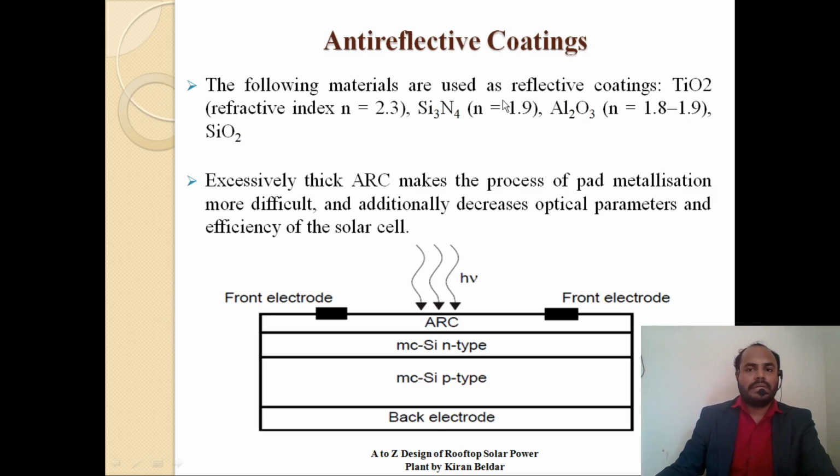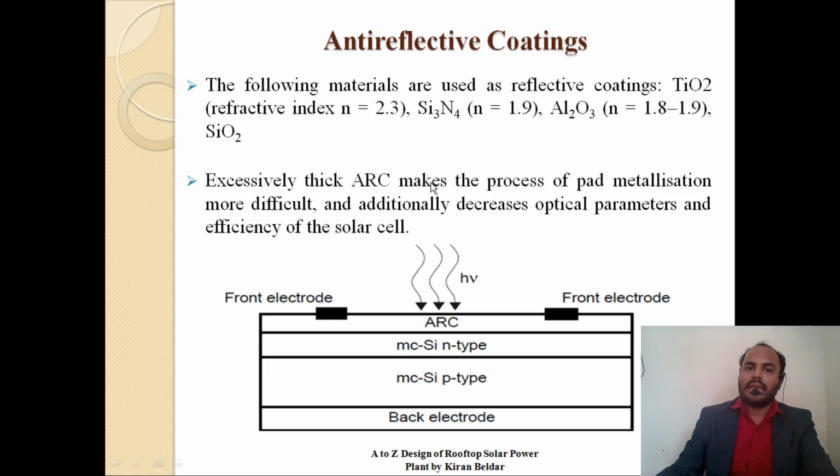The following are some materials that we use for anti-reflective coatings: TiO2, its refractive index is 2.3; Si3N4, its refractive index is 1.9; aluminium oxide, Al2O3, its refractive index is 1.8; and SiO2, its refractive index also lies between 1.8 and 1.9.